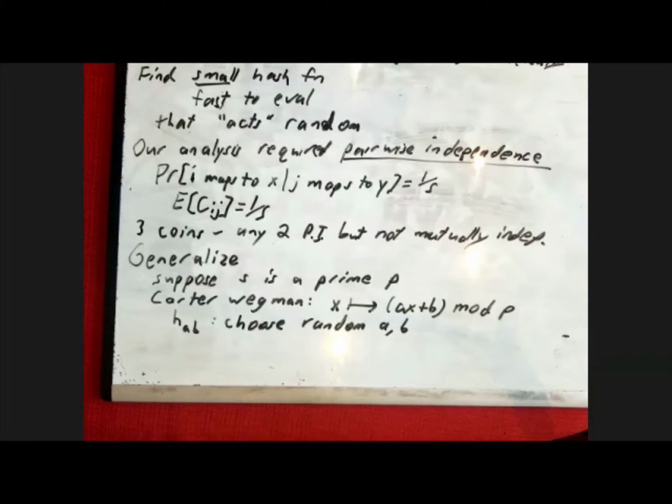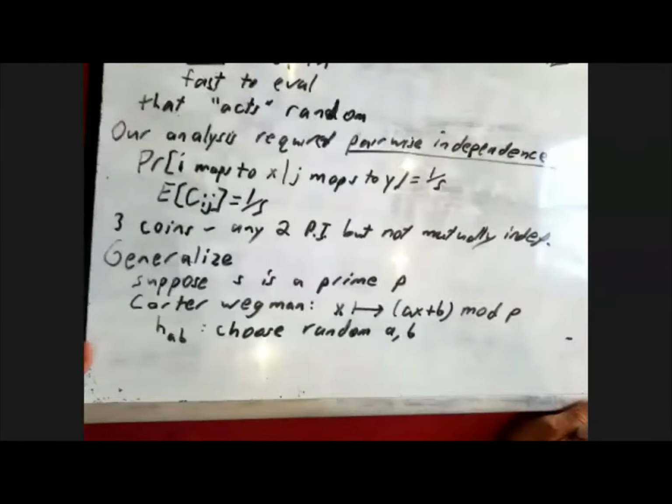And my claim is that if I choose a random H sub AB hash function by choosing A and B at random, the result is that the positions, the buckets for any two keys are pairwise independent.